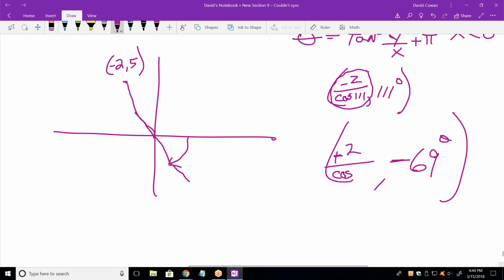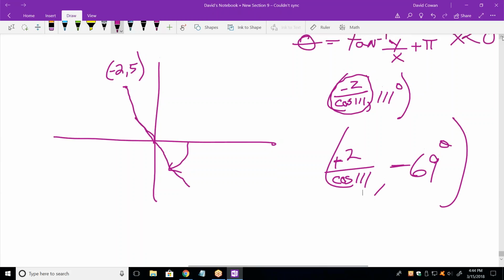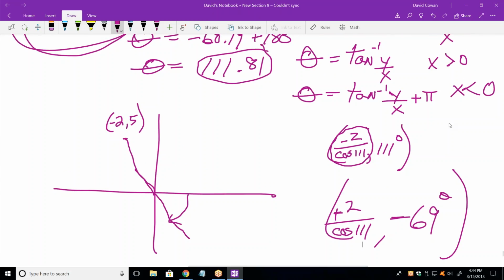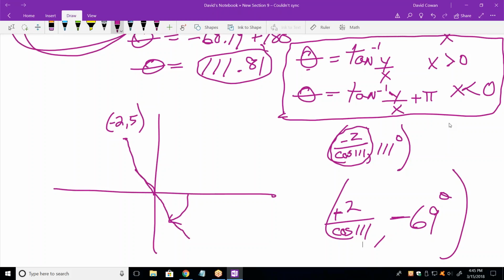Is this kind of what you did, but before you added the pi to the number before? No, that's a special case. In other words, let me back up to that. All this does is get you in the right quadrant. If x is positive, then you're either in the first quadrant or the fourth quadrant, right? Well, if you're in the fourth quadrant, then the inverse tan is going to be a negative number.